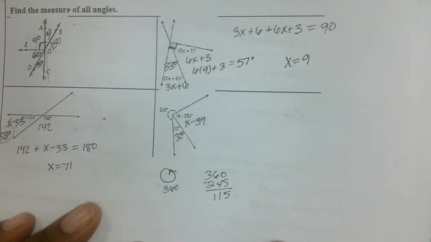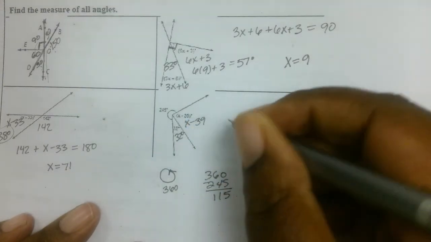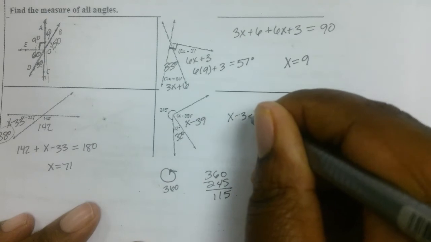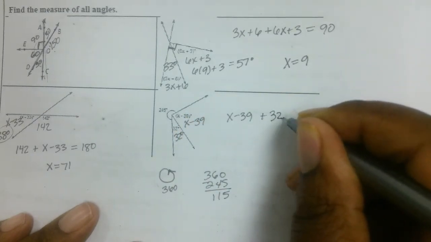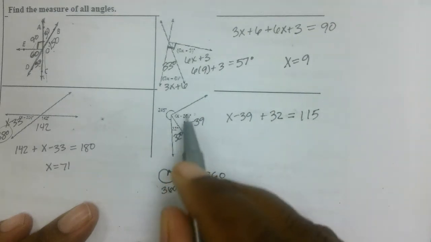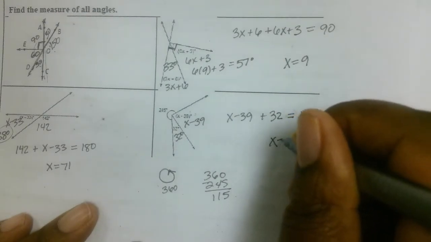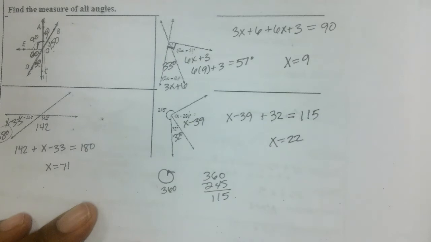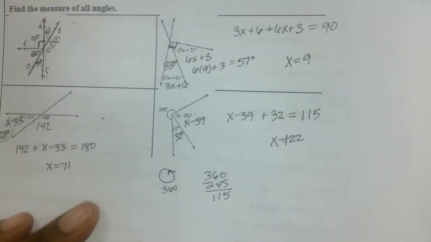So if I set up my equation, I just add those two parts together. x minus 39, this angle right here, plus 32 has to equal 115. So these two together equal 115 degrees. And then I solve it. x equals 122, I'm sorry, x equals 122.